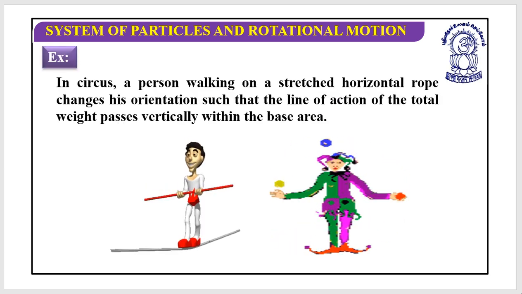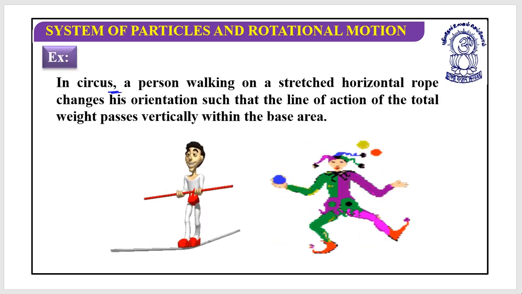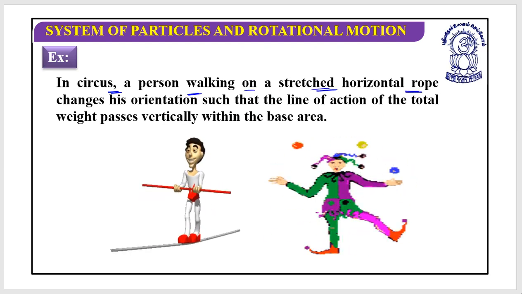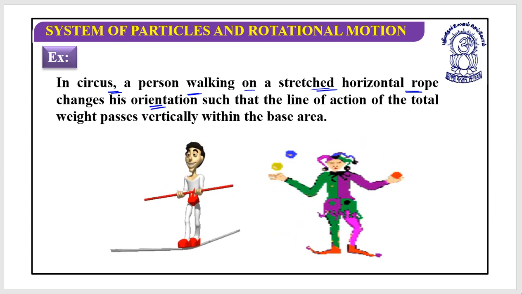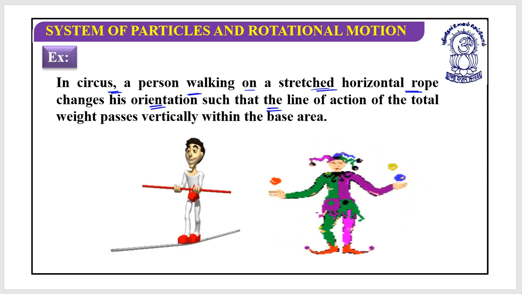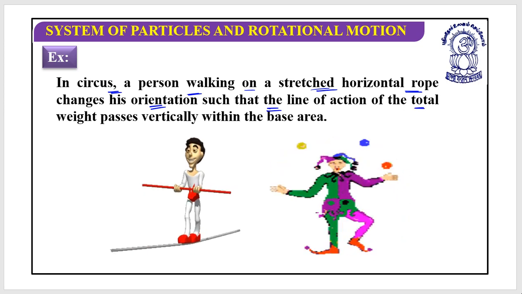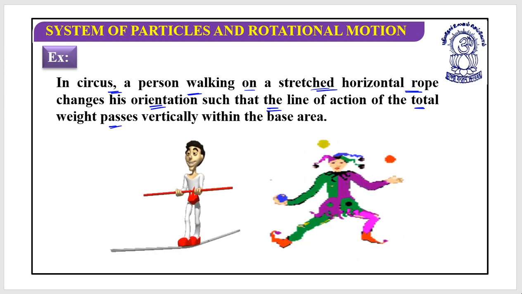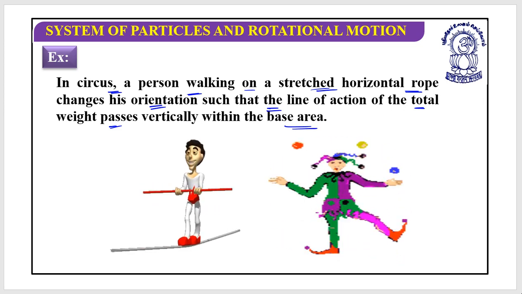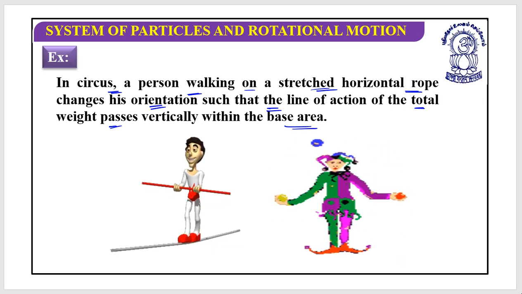Let's see a different situation in a circus. A person walking on a stretched horizontal rope changes his orientation such that the line of action of the total weight passes vertically within the base area, and thus he can manage himself while walking on the rope.